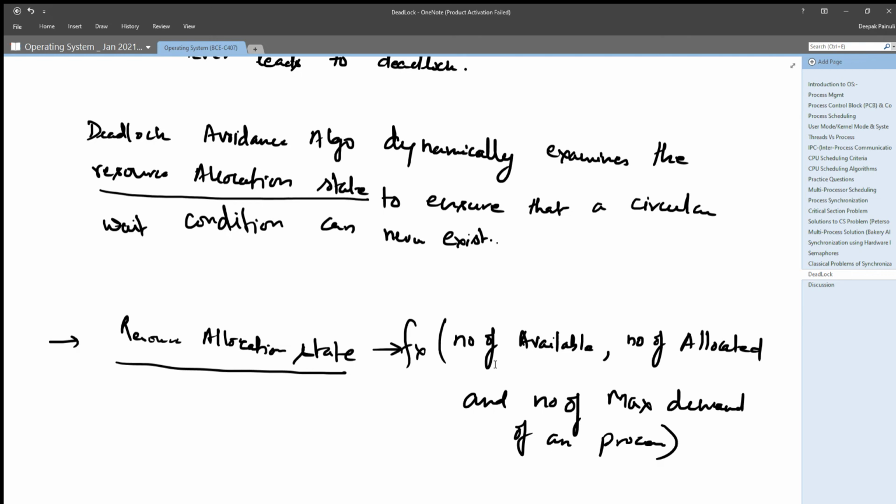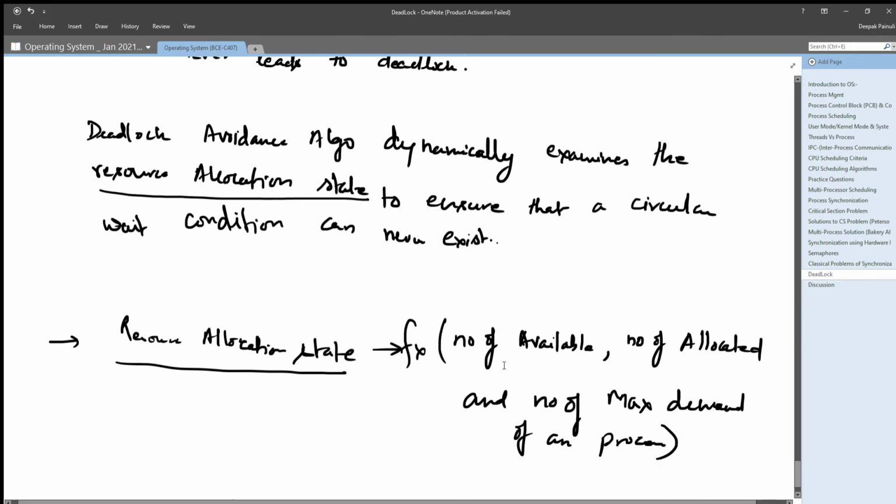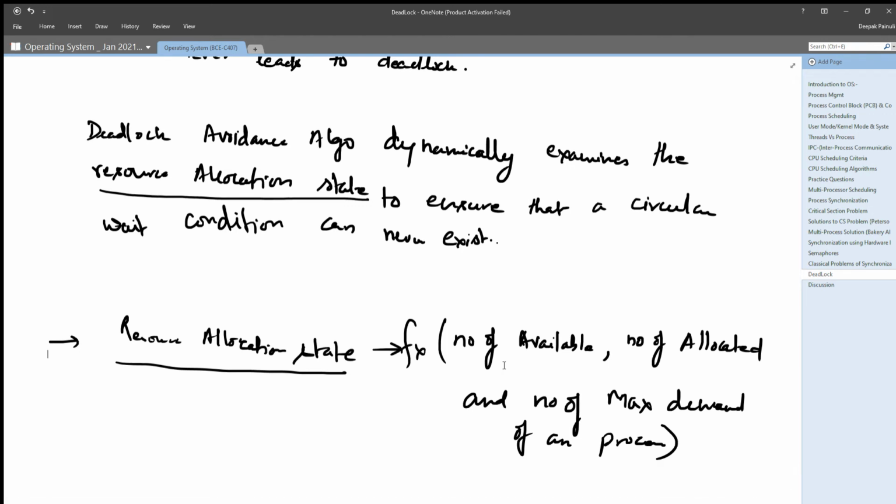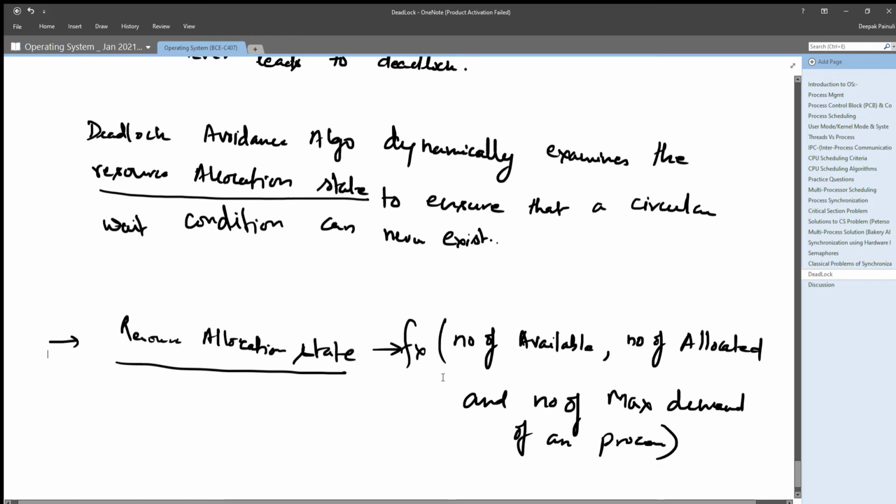We are doing that so that if a new process comes to the system and asks for any particular type of resource, we will first check the resource allocation state, and only then can we allocate the resource, or block that particular process, on the basis of the information fetched from the resource allocation state table, right?